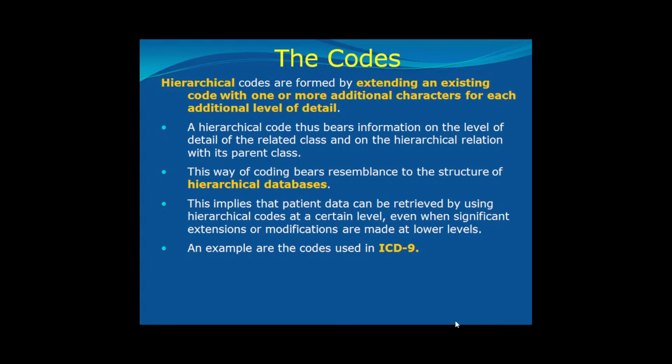This way of coding bears resemblance to the structure of hierarchical databases. This implies that patient data can be retrieved by using hierarchical codes at a certain level, even when significant extensions or modifications are made at lower levels. An example are the codes used in ICD-9 or ICD-10.